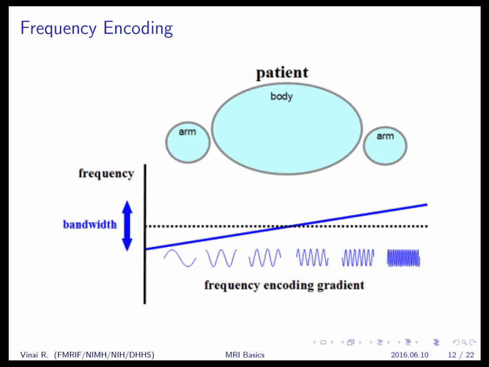What you then do is you apply another gradient in an orthogonal axis. So our usual mode of imaging is we slice select in Z along the superior inferior direction, but we frequency encode usually left-right to the patient, or in X. So now you've knocked out one dimension with your slice select, and in your second dimension you apply another gradient a little time later, and again this will give you a variation in frequencies between one side of the patient and the other.